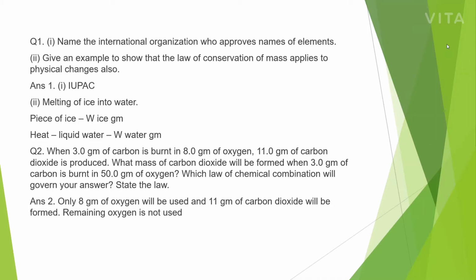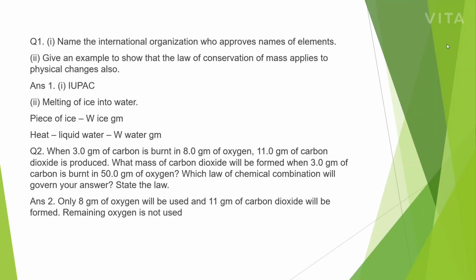Now what mass of carbon dioxide will be formed when 3.0 grams of carbon is burnt in 5.0 grams of oxygen? Which law of chemical combination will govern your answer? State the law.